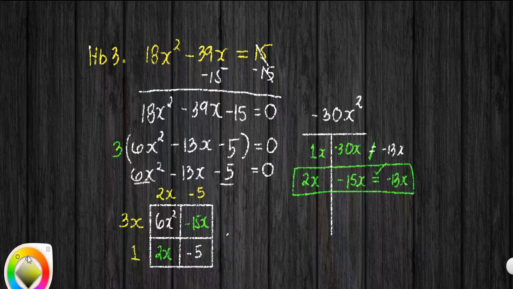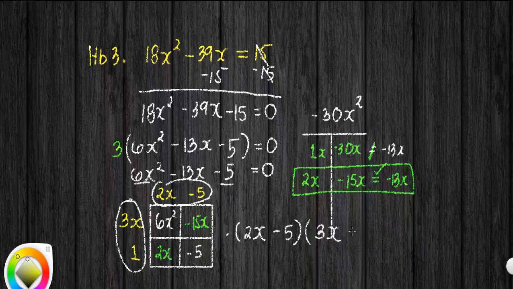So we have our common factors. From the top, we have 2x minus 5. And for the left side of the box, we have 3x plus 1. So we have gotten the factors of the equation.